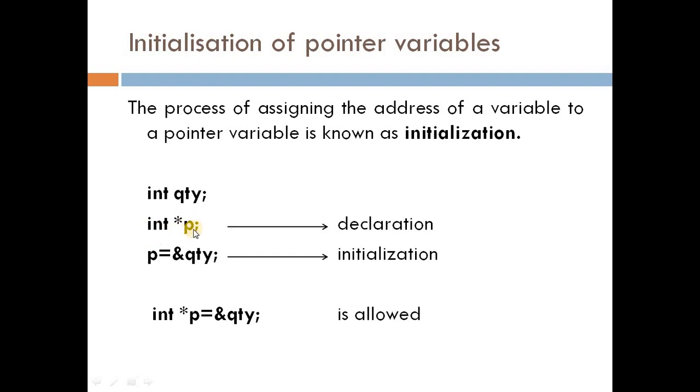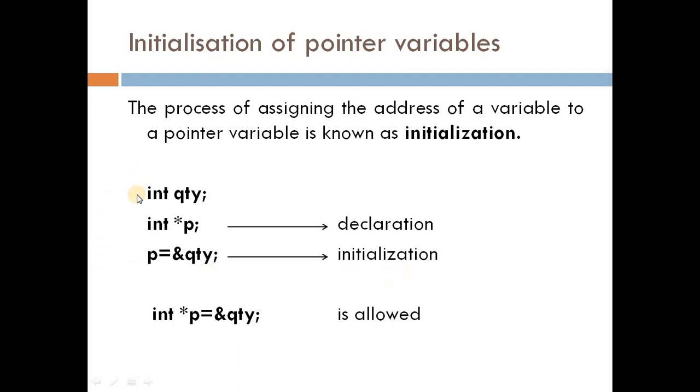So int *p; is the declaration of my pointer variable. Now this statement is the initialization of the pointer variable. We have seen the meaning of this symbol in the first point. While reading this statement, we read it as p is equal to address of quantity. So now p will have the memory address where quantity is stored, and this statement is known as initialization.